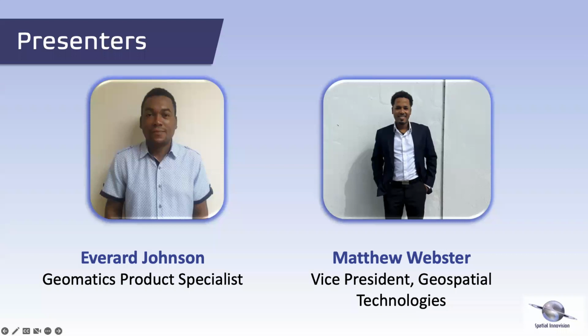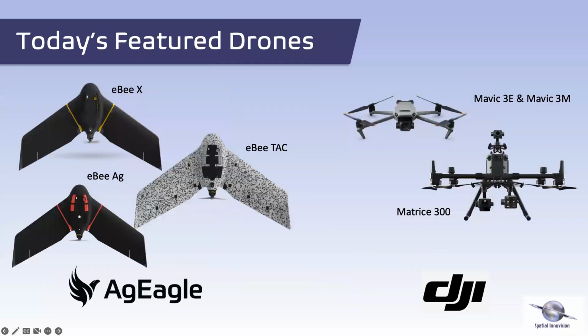All right. Today, we will discuss the capabilities of both the fixed wing and quadcopter drones, including the eBee X, lightweight regulatory compliant mapping drone, the eBee TAC, a tactical mapping drone specifically designed for situational awareness, the eBee Ag, suitable for the agriculture industry and farming, for example, crop monitoring and health mapping.